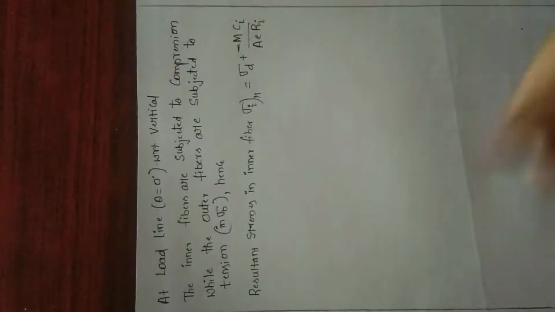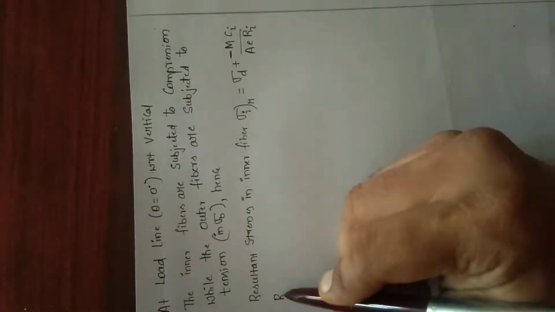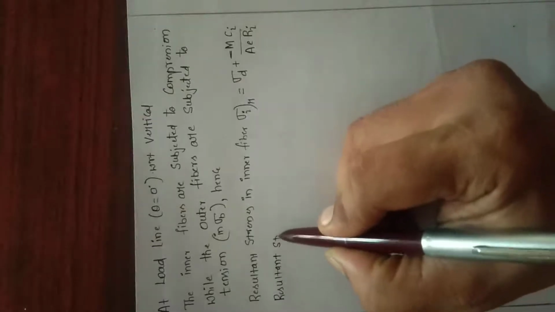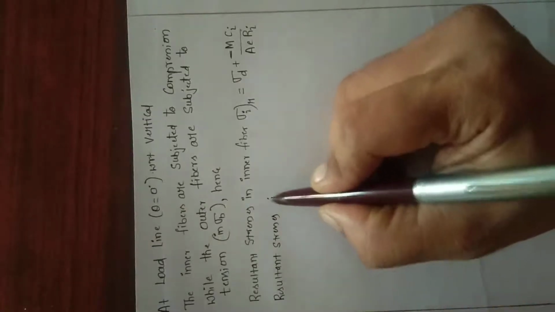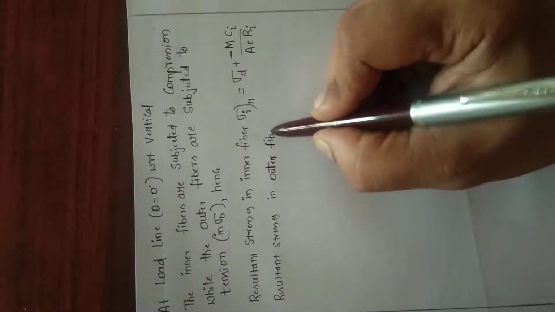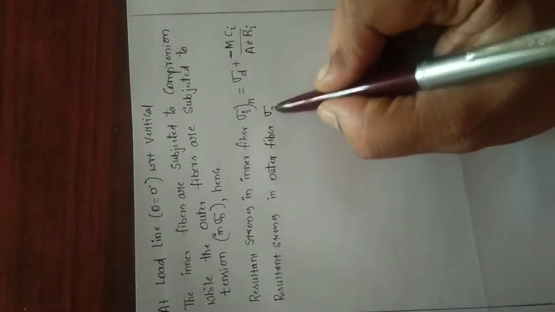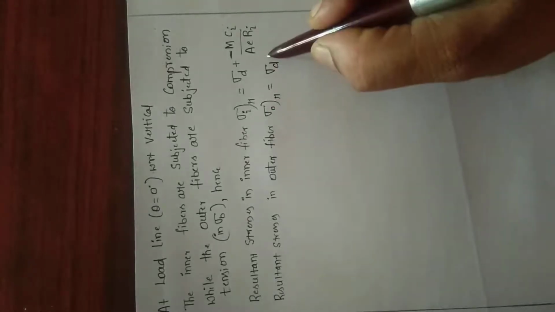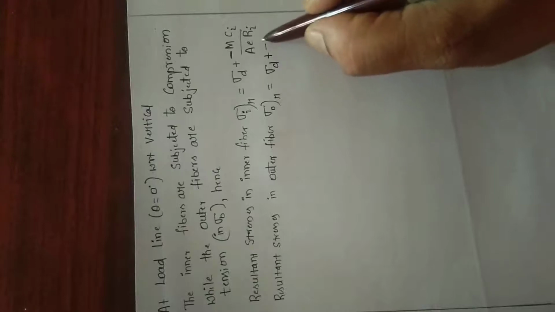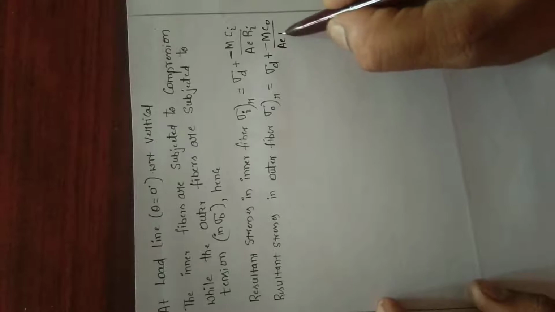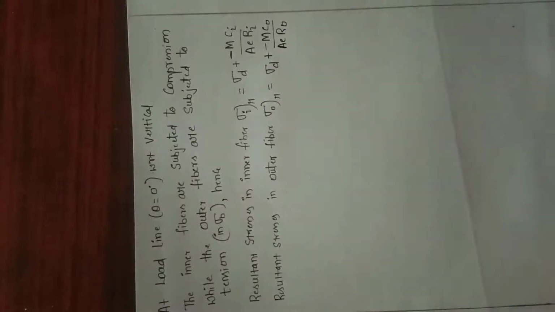So now resultant stresses in outer fiber. Sigma naught r is equal to sigma d plus, I will write minus, because in the data handbook you have the negative value there for the tension.